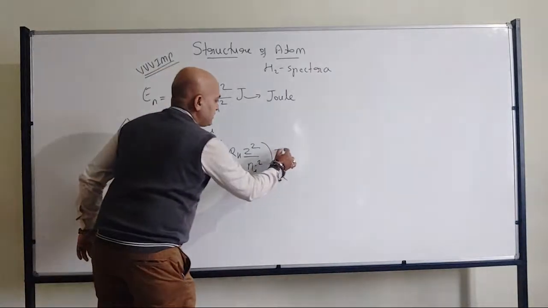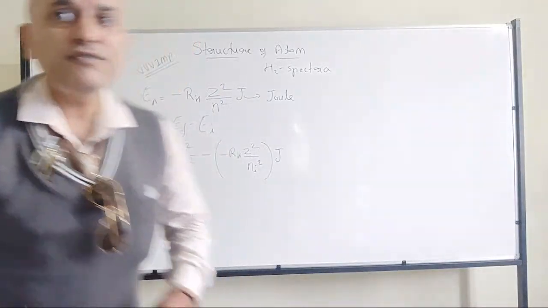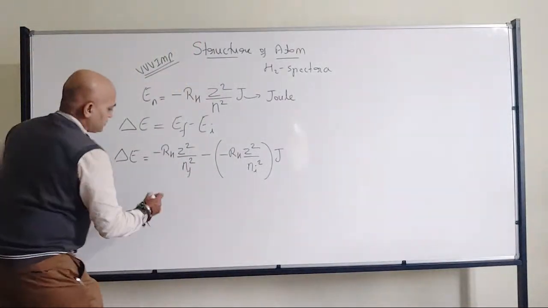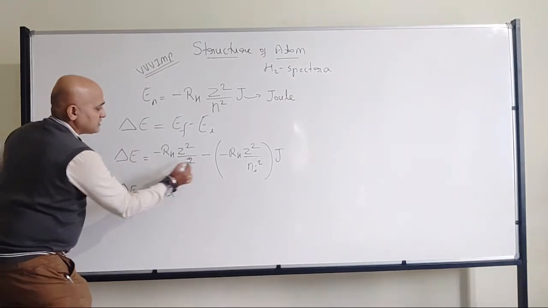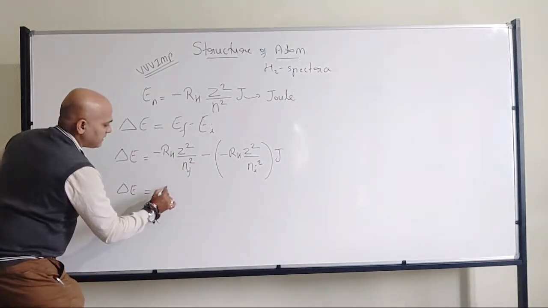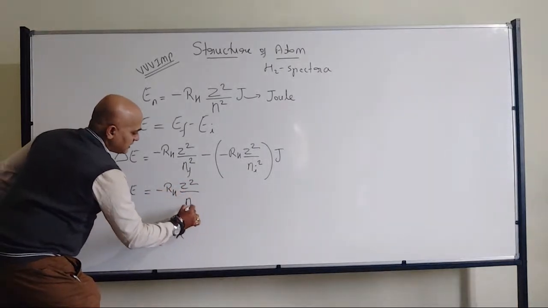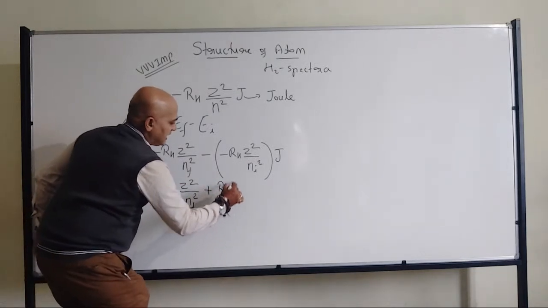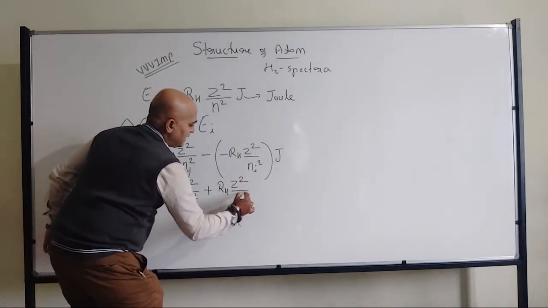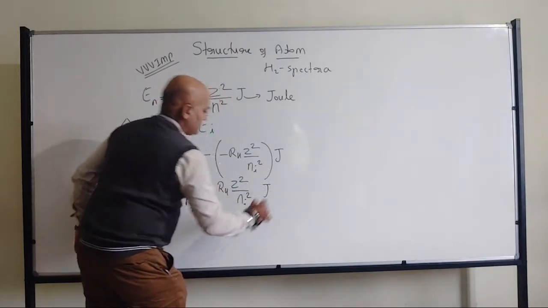Anyway, the final unit will be joule only, no doubt. Now delta E is equal to, minus minus becomes plus, R_H Z square divided by N_F square... rearranging, plus R_H Z square divided by N_I square, joule.